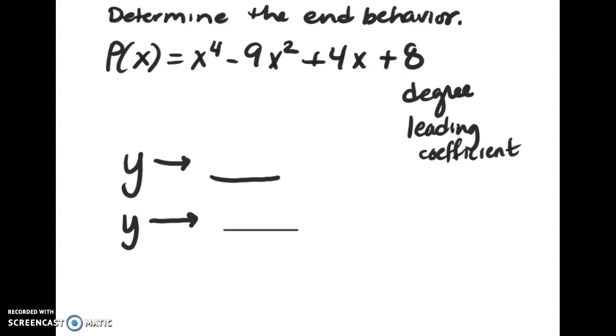And so the degree here, we have 4 terms. Remember, terms are separated by a plus or minus sign. The degree here is 4. The leading coefficient is 1.